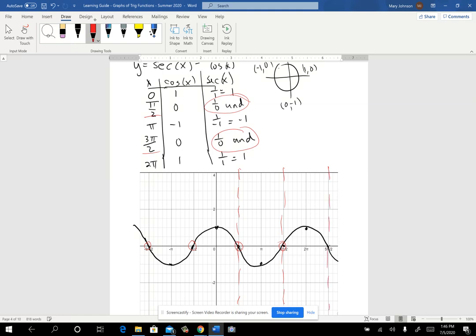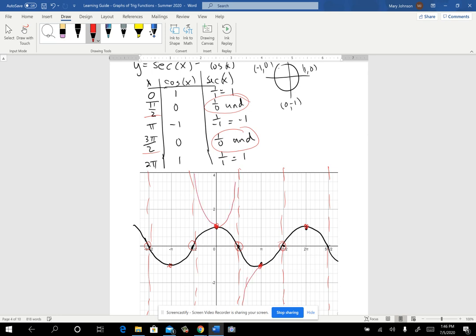And so go ahead and put in those vertical asymptotes there. Okay, then notice that at 0, this point's on the secant graph. And then at pi, this point's also on secant. This point's also on secant. And then the secant graph does kind of like cosecant. It just flips the other way and makes these U's.